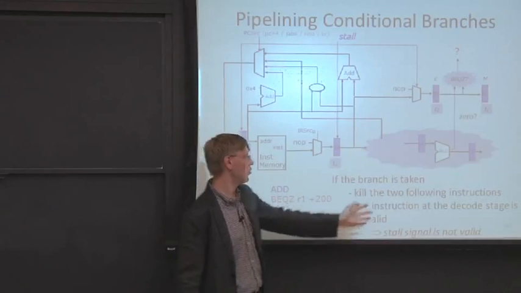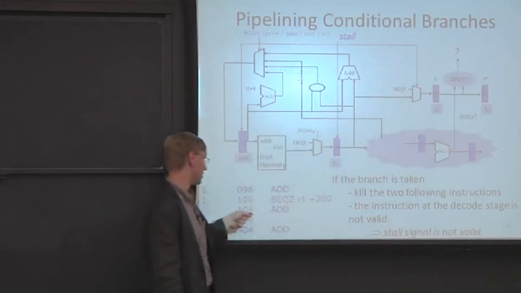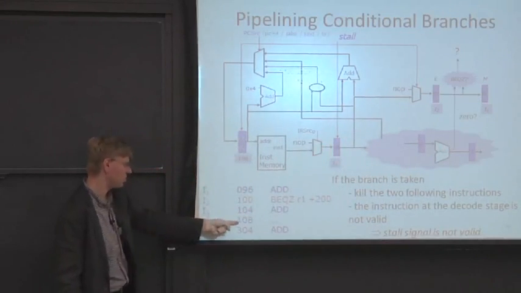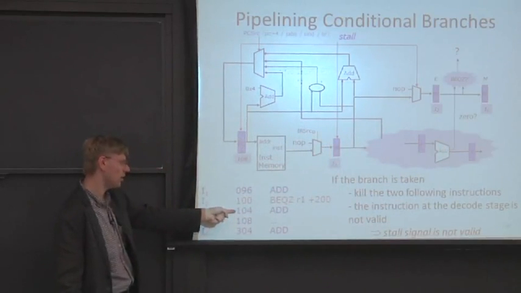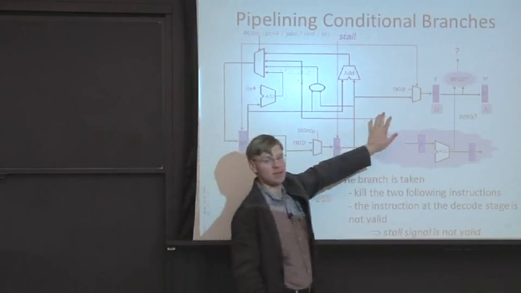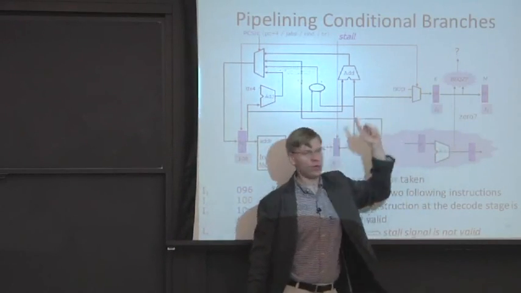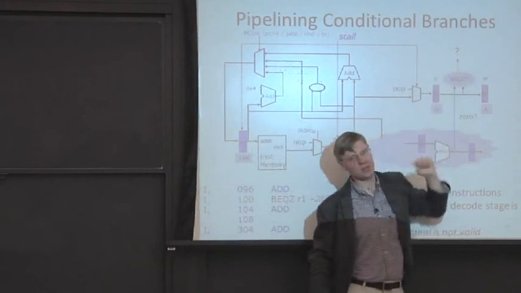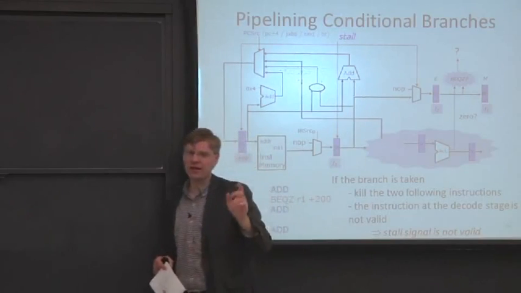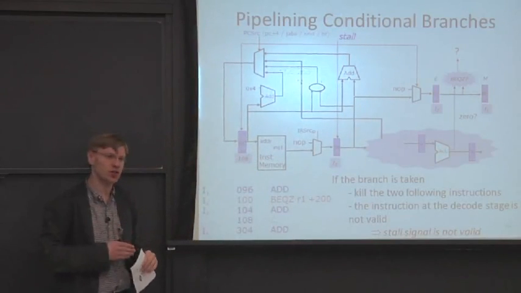And you have a branch which is branching to someplace else. So let's take this instruction here, 104, which is an add, is dependent on something that's stalling the front of the pipe. But at the same time, you want to kill it because you took the branch. You want to kill that instruction.